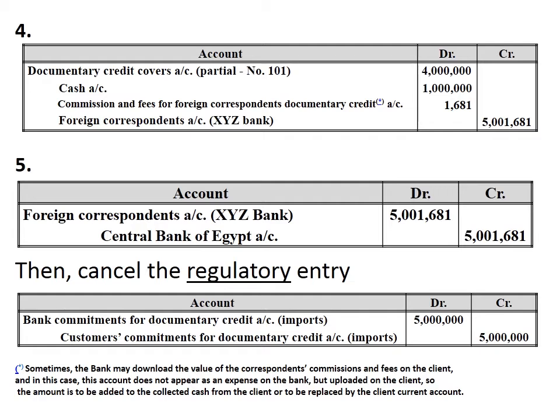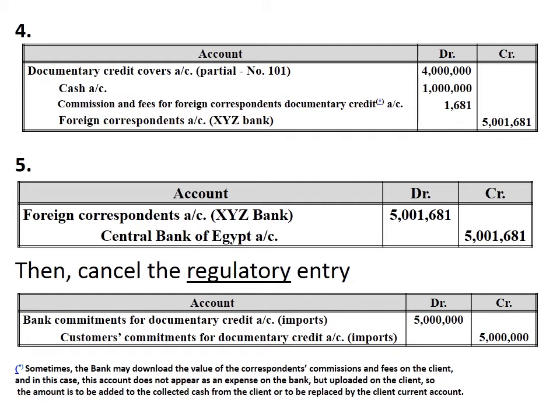Now, the documentary credit covers, that is covered partially, number 101, was in transaction number 3 in the previous slide, 4 million in the credit. Now we are closing it. And we got cash from the client 1 million. So 4 million and 1 million means 5 million. This 5 million should be paid for the foreign correspondence, that is XYZ Bank, but not the 5 million only, but there is 1,681 as commission and fees for the foreign correspondence, which should be debited as expense on the client bank.